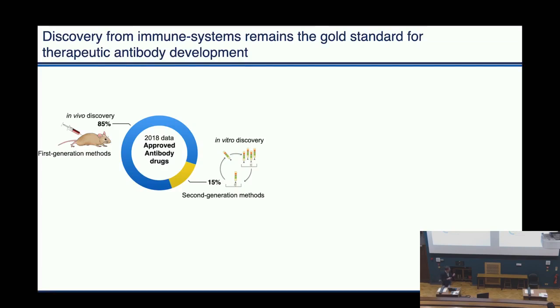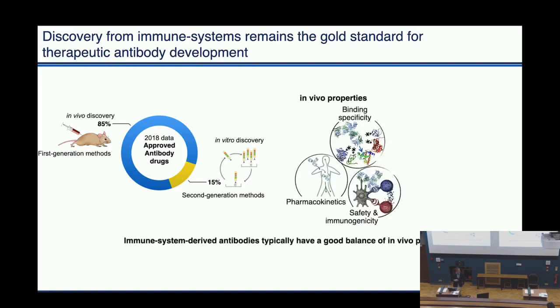And the reason the in vivo approach still dominates is that of what I call in vivo properties, or in a simple line, is that immune system derived antibodies typically have a good balance of in vivo properties, and this includes specificity, half-life in vivo, and safety and immunogenicity.